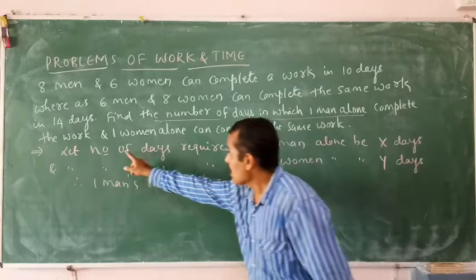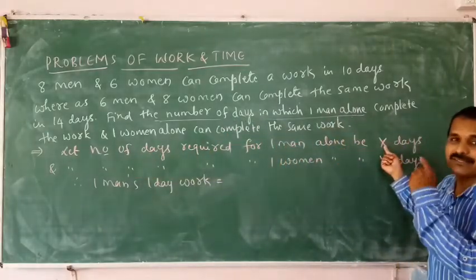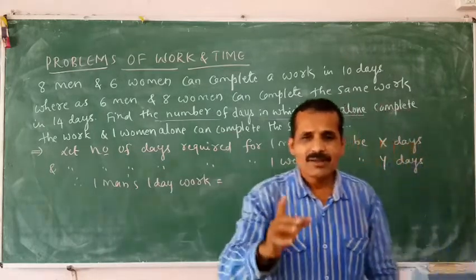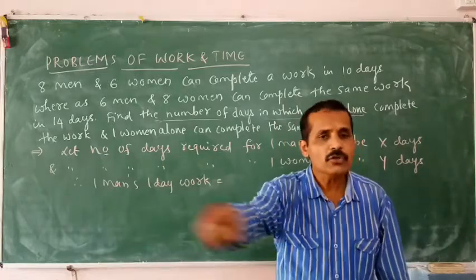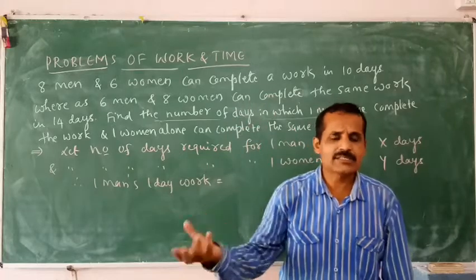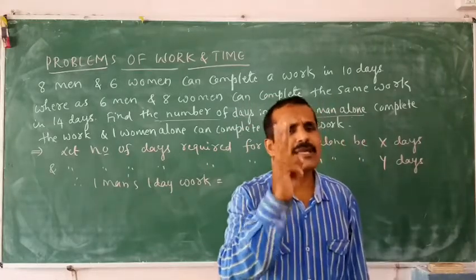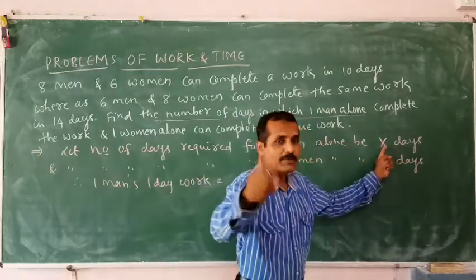See, the one man can complete the work in x days. Suppose in our garden, we have engaged only one man to complete that work. Only one man is coming as a labor to work in the garden. Say he will complete in 2 days.